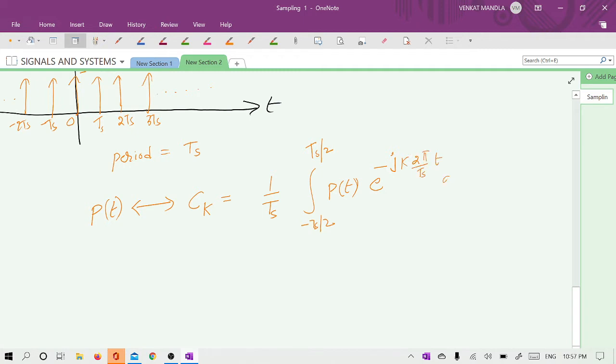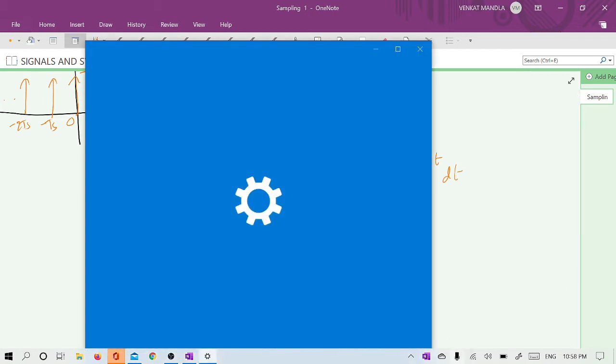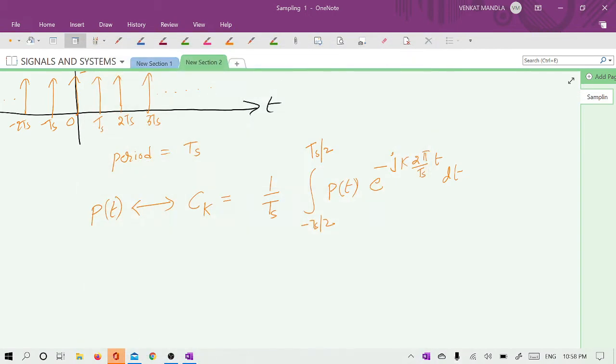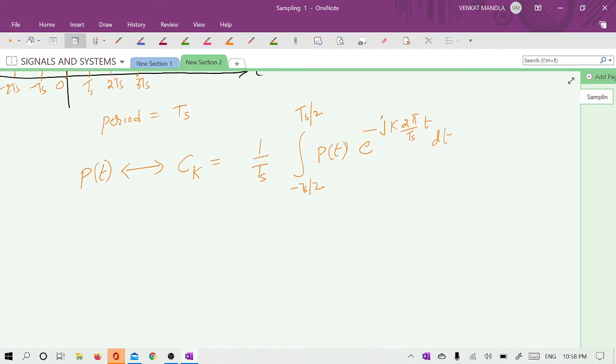Okay. This is the Fourier series coefficient, in fact the exponential Fourier series coefficient.